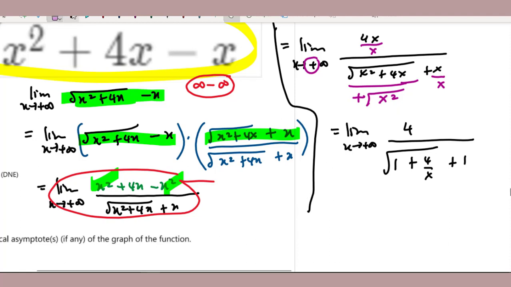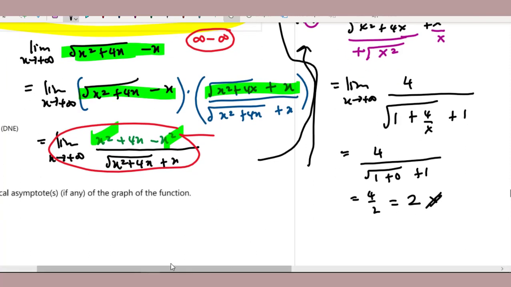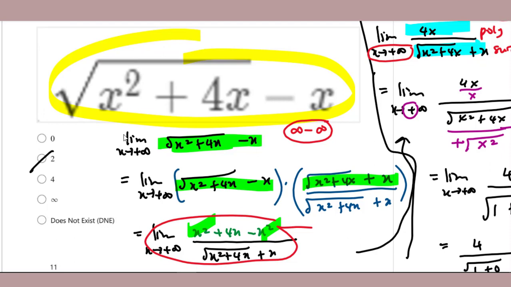Then substitute: 4 over the square root of 1 plus 0, plus 1, or 4 over 1 plus 1, 2, is equal to 2. The answer is 2. Let me check the answer. Okay, here is the answer. Settled for number 10. Let's continue with number 11.